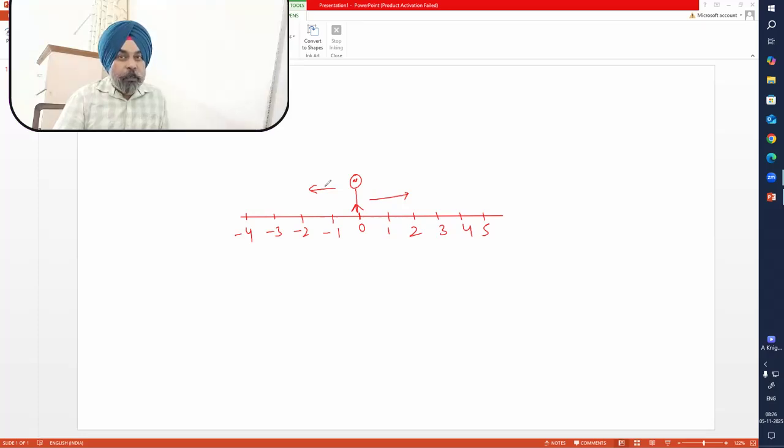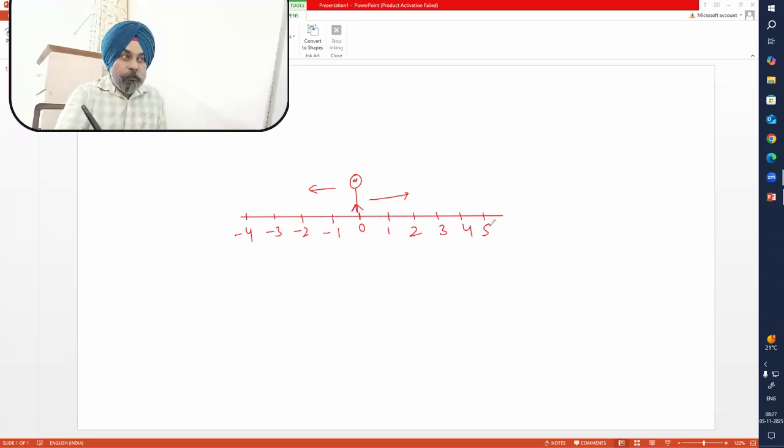Any answers from you? The distance will be 4 or 3 or 2 or 1, but will not have any sign. Why is it so? Because we are traveling towards the left side from the reference point. We are traveling to the right side from the reference point.